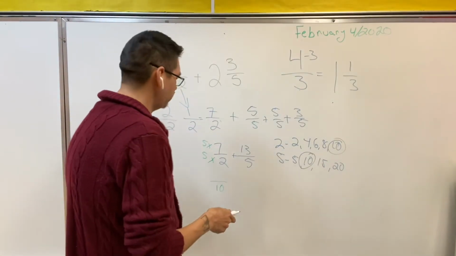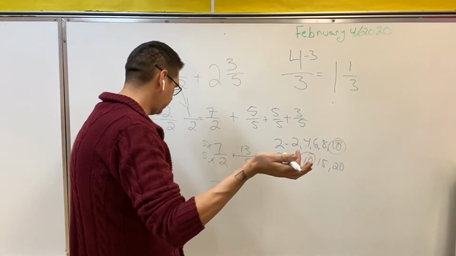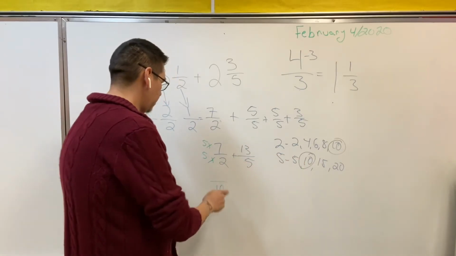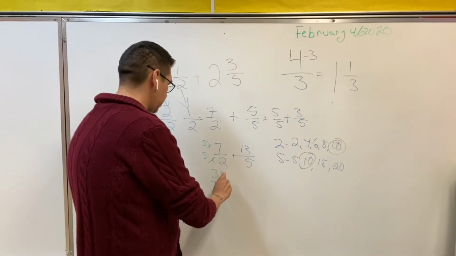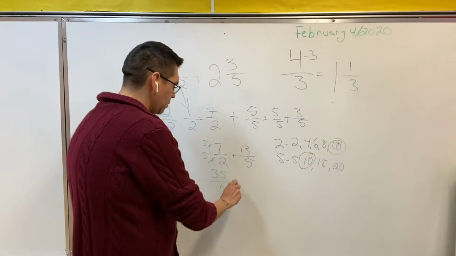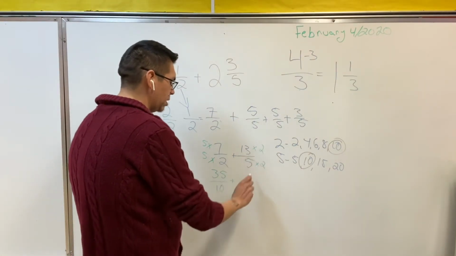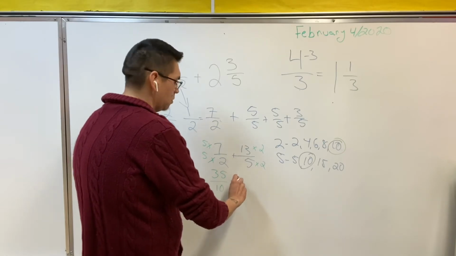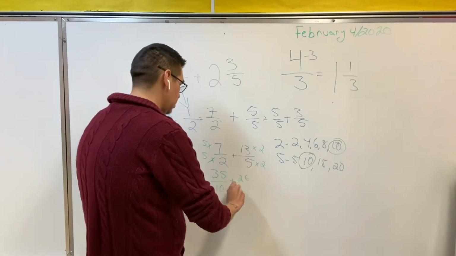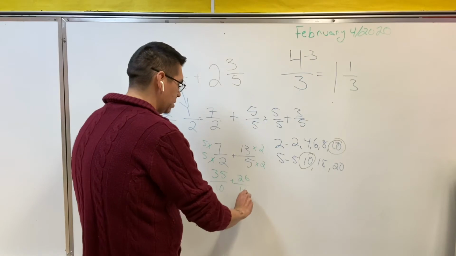Nope. I was wrong. 35. Okay. Multiply this by 2. Multiply this by 2. 13 times 2 is 26. 5 times 2 is 10.